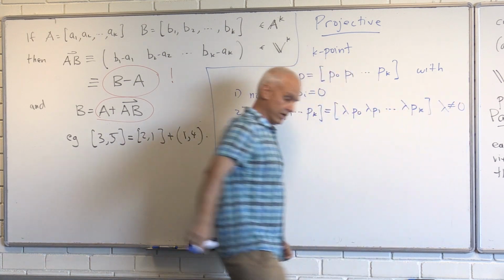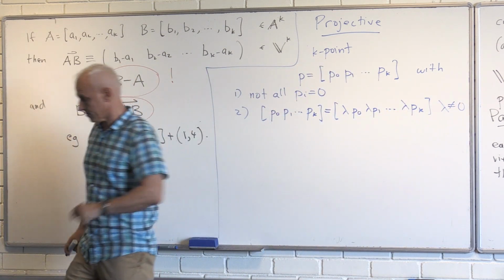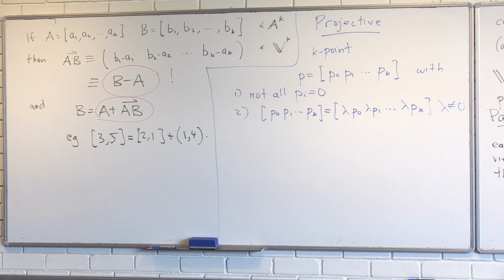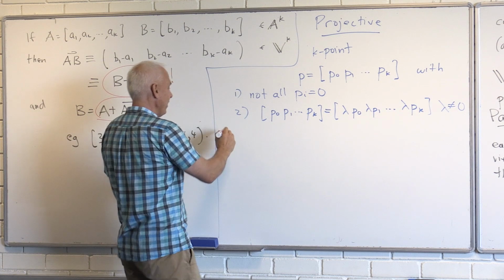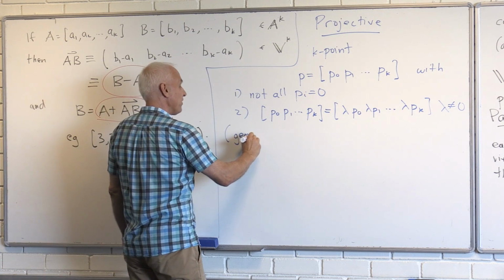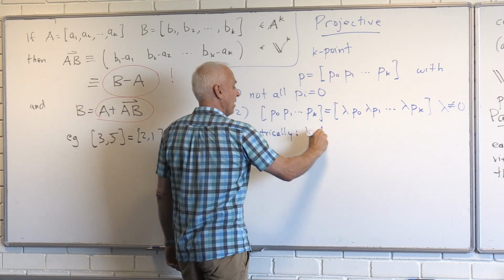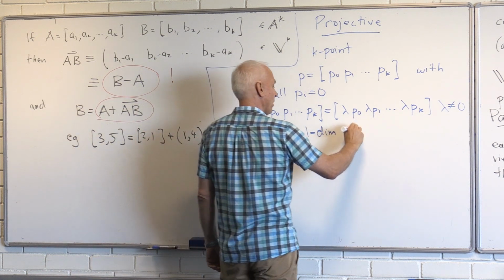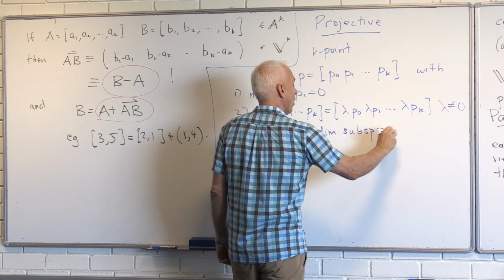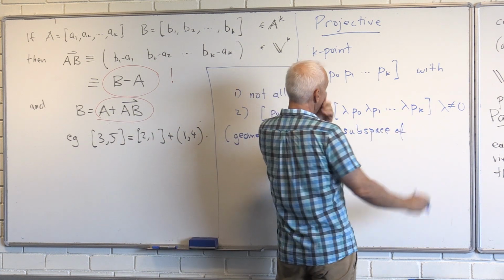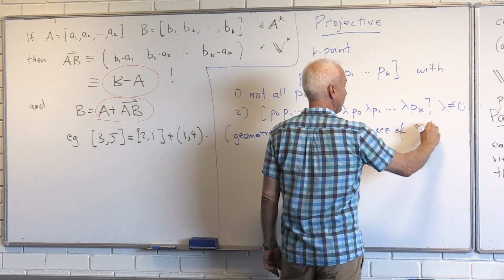We're not allowed to multiply by 0 because then that would contradict the first condition. So a projective point, geometrically, you can think of as a one-dimensional subspace of our associated vector space, V super K.